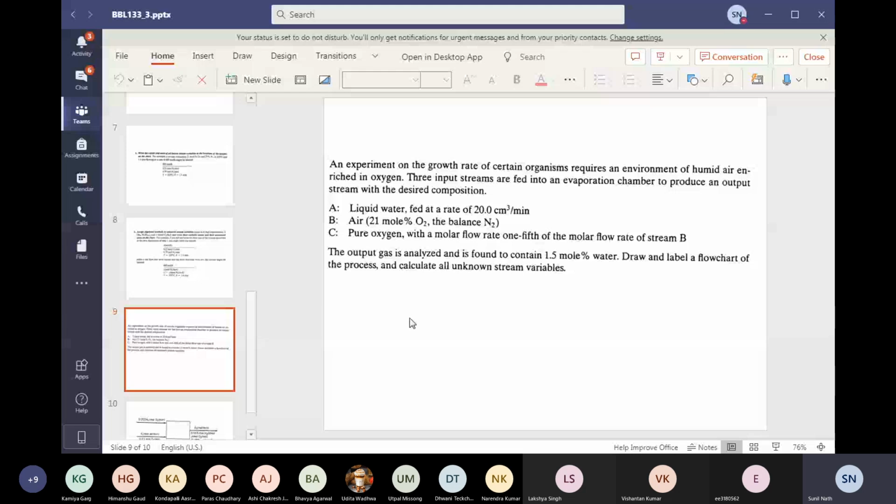But if you have many more complexities, which we will see from next week onwards, then sometimes it may be beneficial to take as the basis the flow rate that is given to us. That is liquid water, 20 centimeter cube per minute. That becomes a basis. On its basis you can calculate all the other streams, what magnitudes or flow rates they have, what compositions they have. Okay, so now you can try it out.